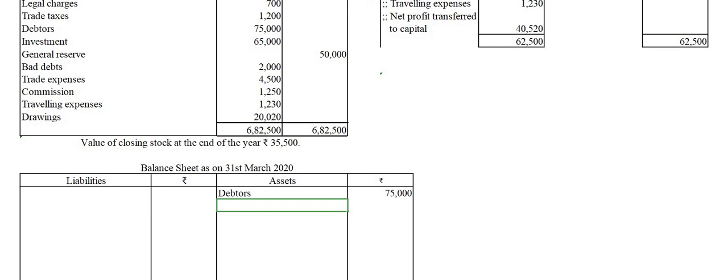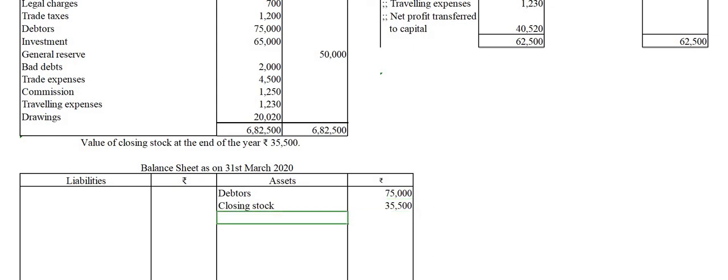So now you have to understand that if closing stock is given outside the trial balance, you have to take two places, the balance sheet and the trading account. So we will be writing closing stock here. But if the closing stock is given inside the trial balance, you have to show it only in the balance sheet, because it is already adjusted with the sales or purchase. So closing stock is written.